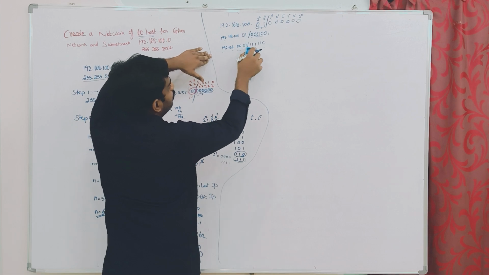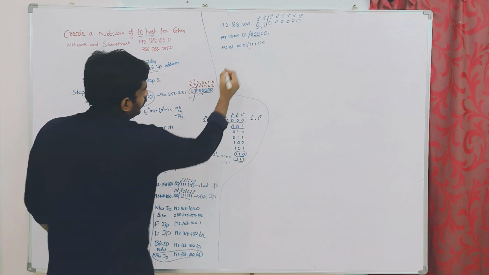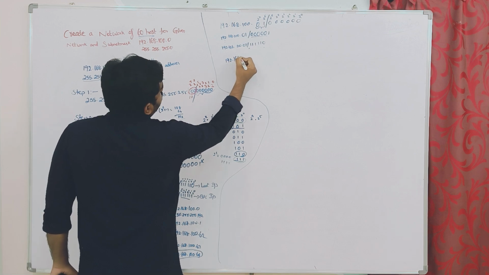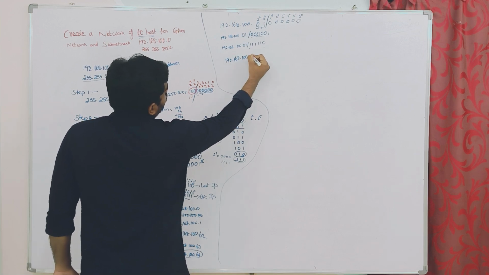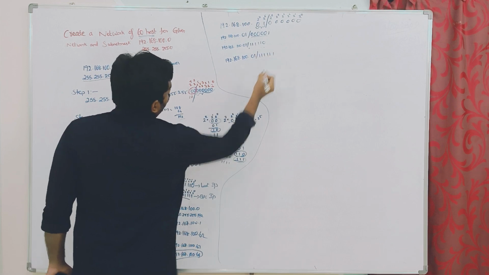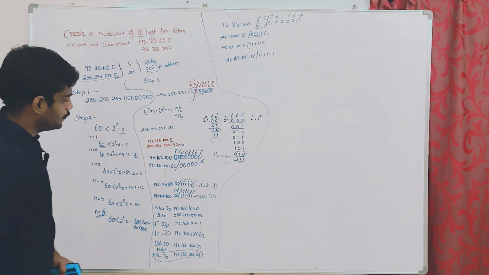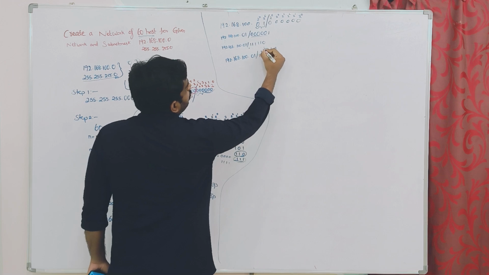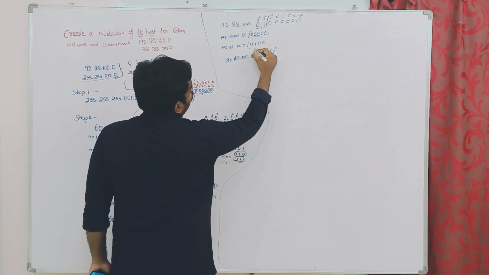Okay, wait. I will make it clear. 192.168.100, 01 slash 111111. You write here 2 power 0, 2 power 1, 2 power 2, 2 power 3, 2 power 4, 2 power 5, 2 power 6.